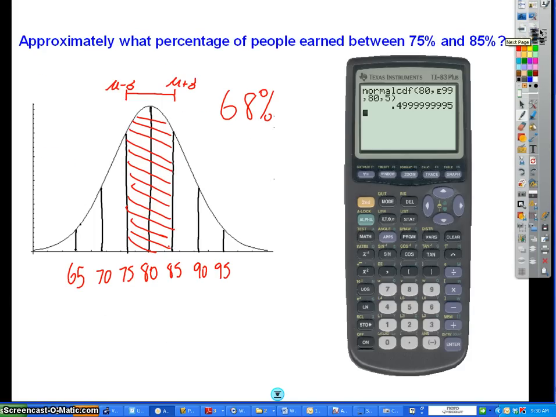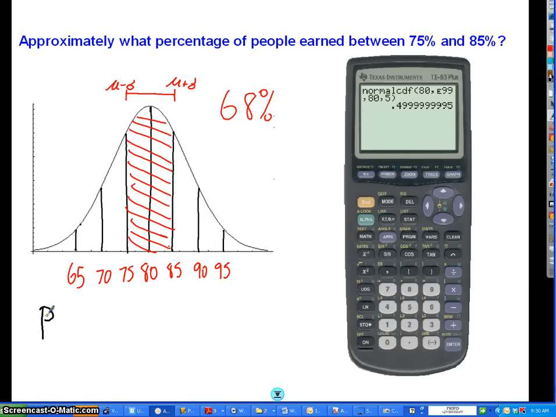Okay, so let's have a look at the next one. Approximately what percentage of people earn between 75 and 85? So this is what we're after. Let's start setting up our probability distribution. I can write that out using my discrete random variable notation. X is less than or equal to 85, but greater than or equal to 75. So now I can put in my normal CDF. So I'm going to do min, max, mean, standard deviation.